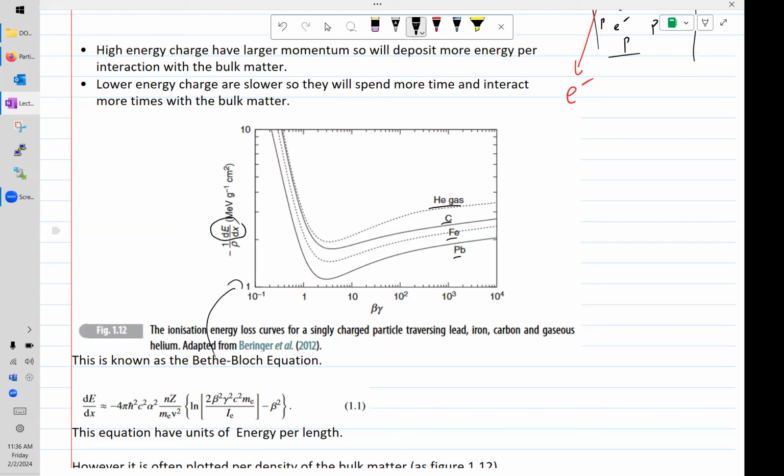And these different lines are also divided by density. So the vertical axis is how much of the energy gets lost. That's what you want to think about. The horizontal axis is a little bit more complicated. This is one of the reasons I'm going to have a different plot to show you in a second. It is beta times gamma.